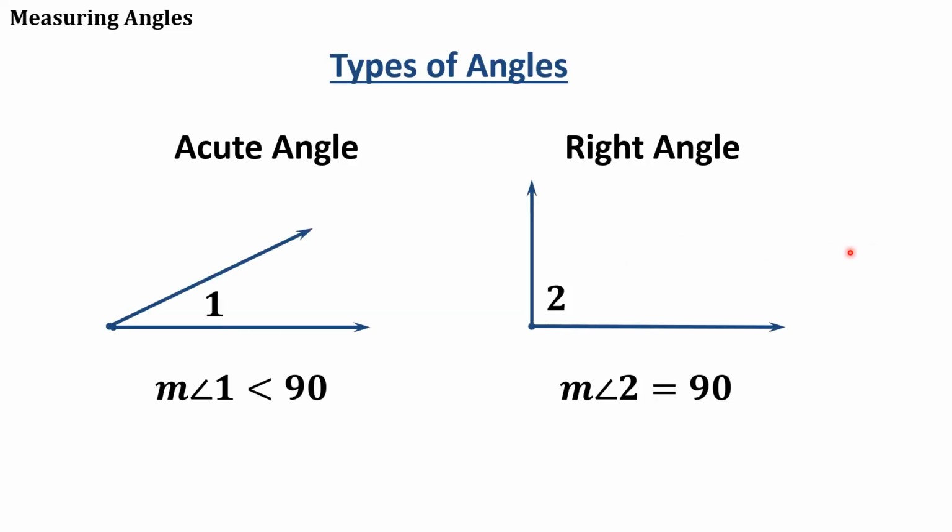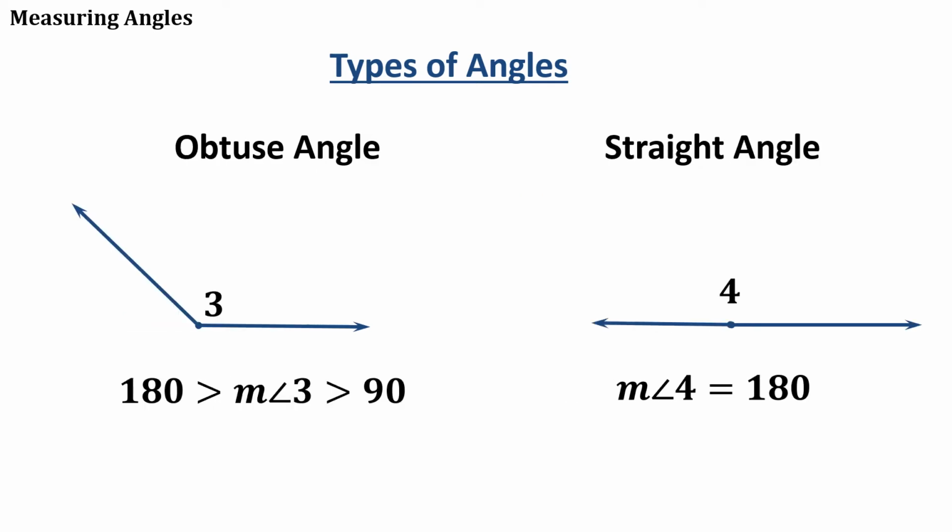Now, there are a few types of angles, and I think you guys have seen this before. If not, we're just going to review it. There is what they call an acute angle, and that is an angle whose measure is greater than 0, but less than 90 degrees. Now, a right angle, the measurement is going to be exactly 90 degrees.